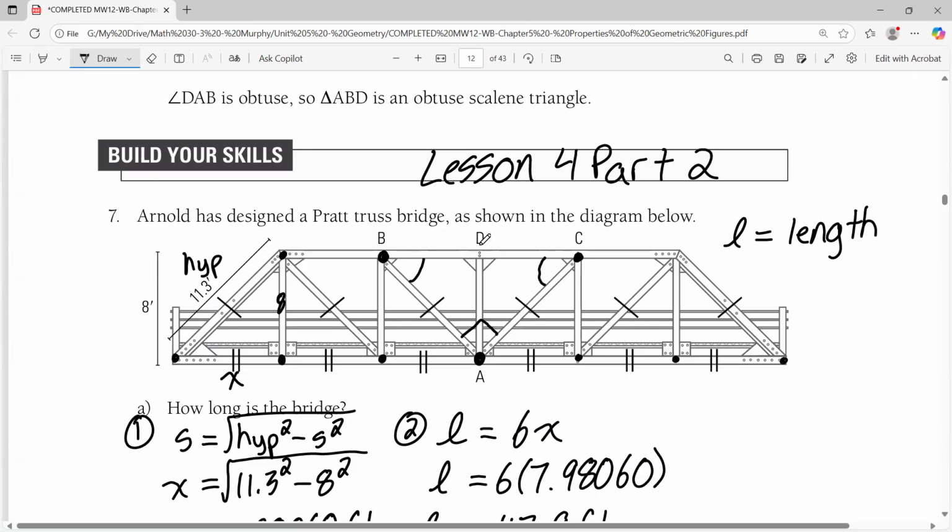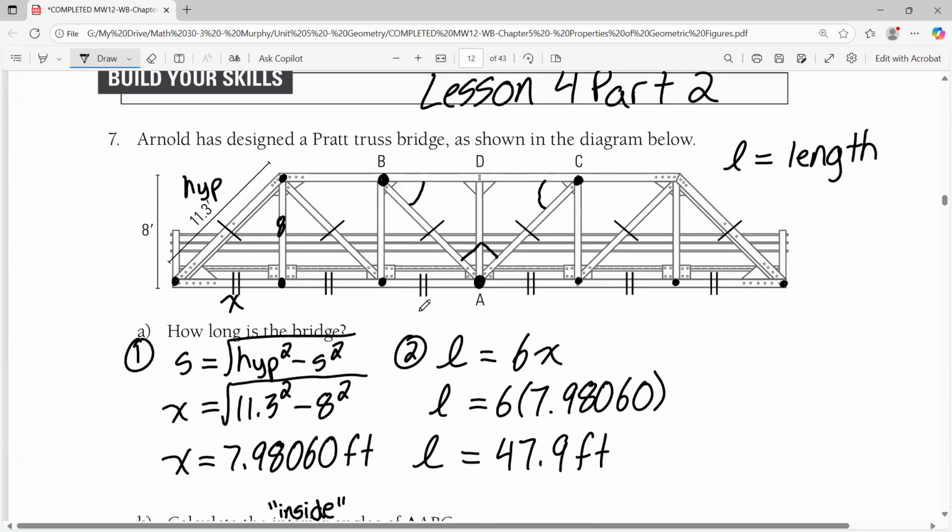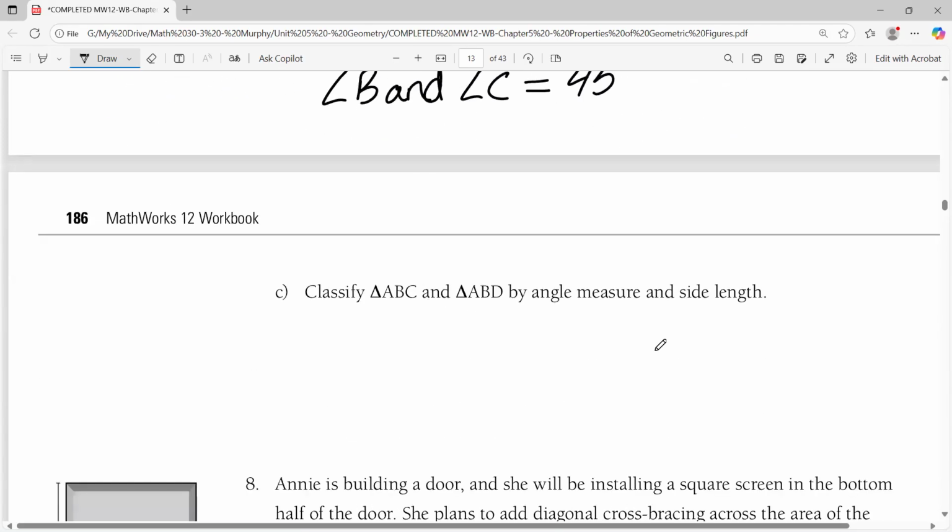Remember, if three of the sides are the same length, equilateral. If two of the sides are the same length, isosceles. If all three of the sides are different, scalene. Okay, so we can answer that one. So triangle ABC is a right angle triangle, and it is isosceles.